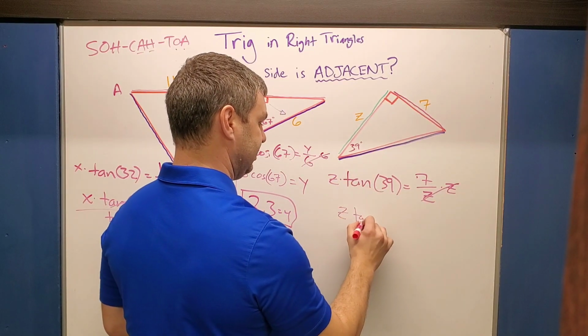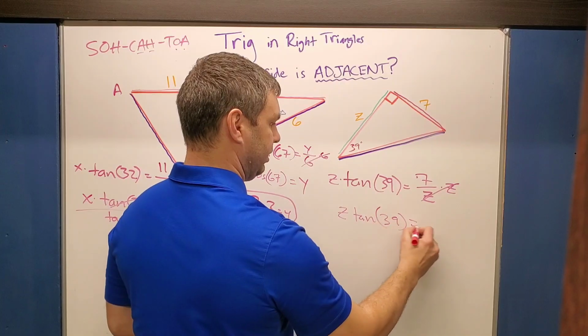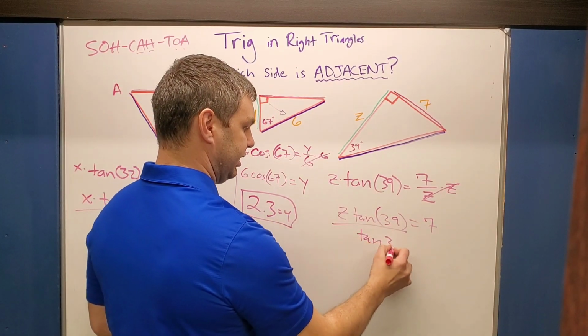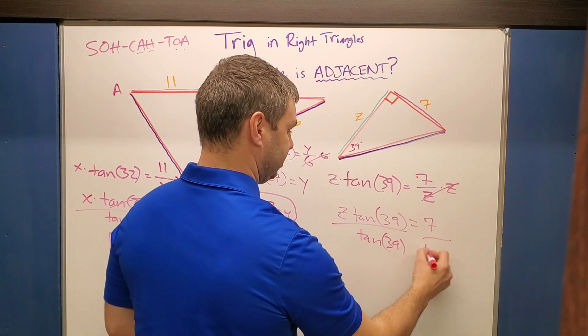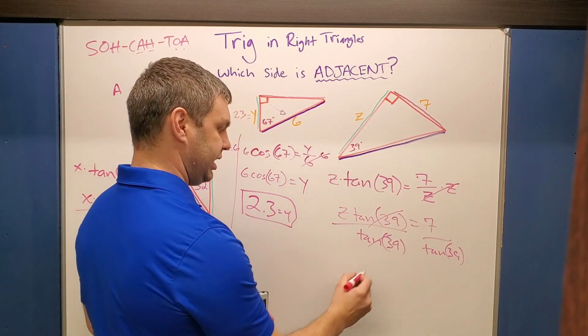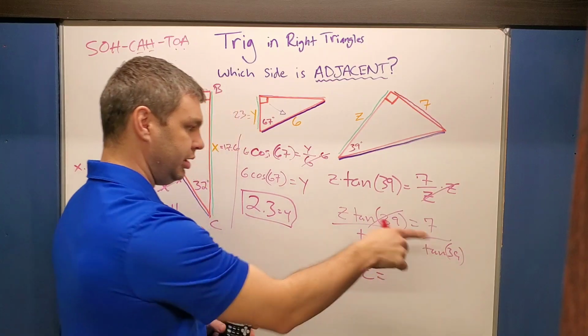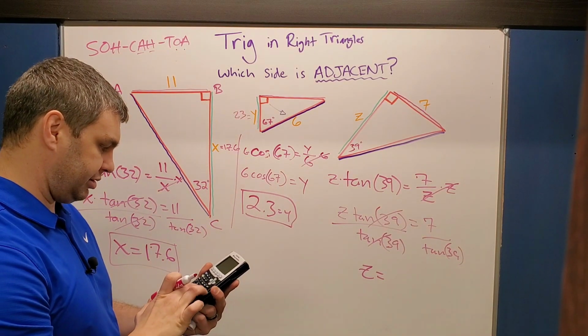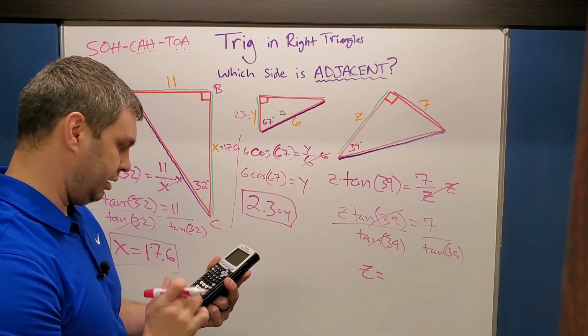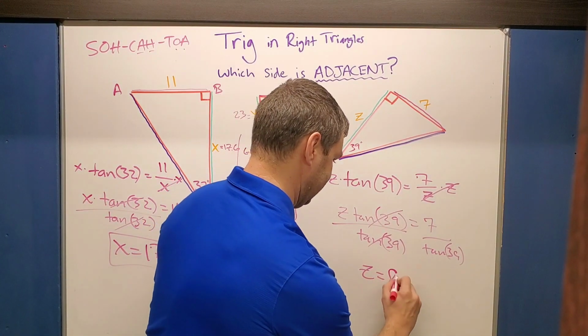So I have Z tangent of 39 equals 7. To undo this, I'm going to divide by tangent of 39 on both sides, and it's going to cancel on the left side, leaving me with just Z, which is good. On the right side, I'm going to type in the calculator 7 divided by tangent of 39 and get 8.6.